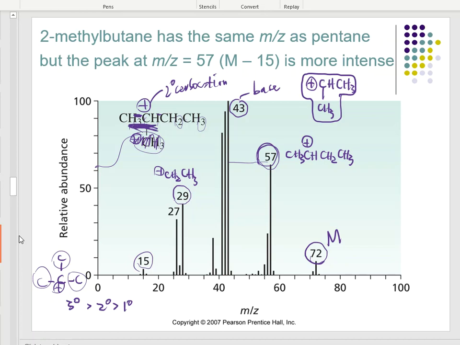Even though it's not the most preferred way, it still is a little bit more okay with the idea of getting rid of that one little methyl group, that one carbon, and leaving behind this 4-carbon chain, because it is a secondary carbocation here. It feels more protected.